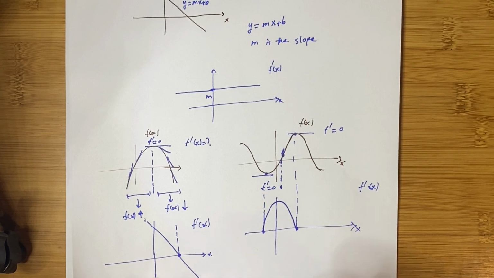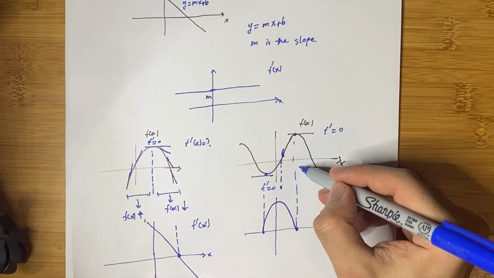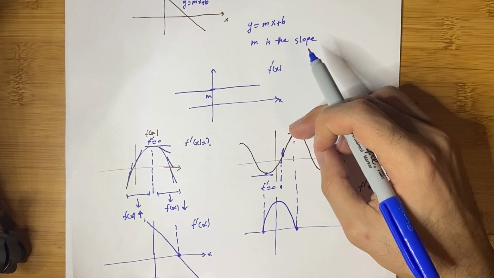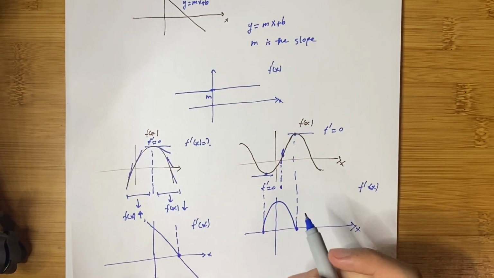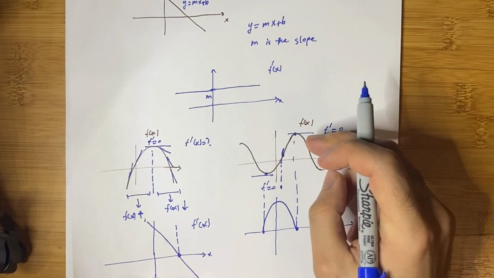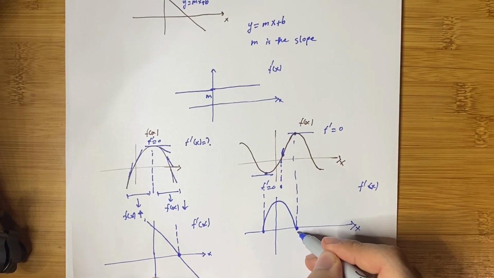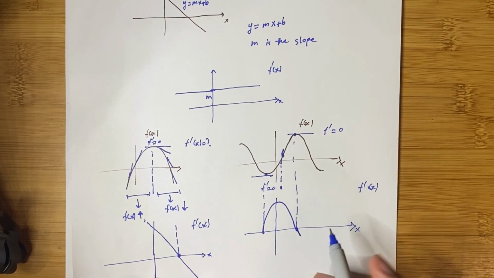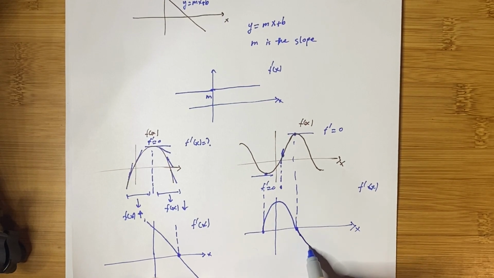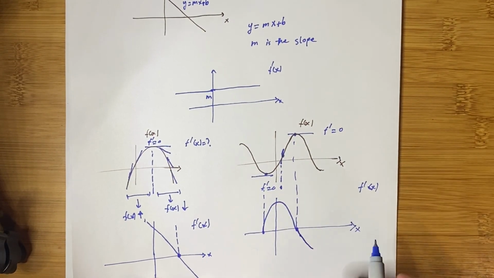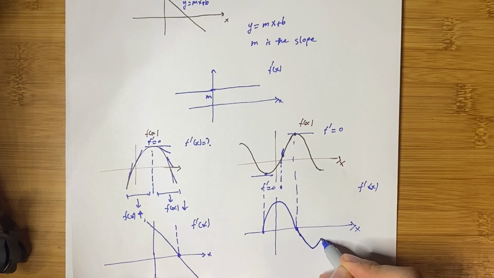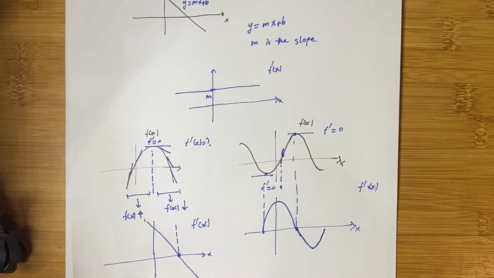Then from this segment to this segment, f of x is decreasing. Since it's decreasing over the interval, its f prime will be negative, so it will be below the x-axis. From here it starts to be 0, so we go down here again.